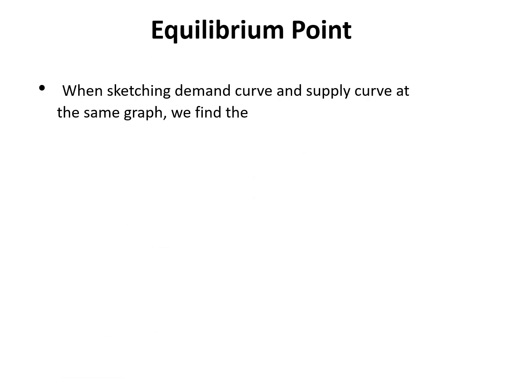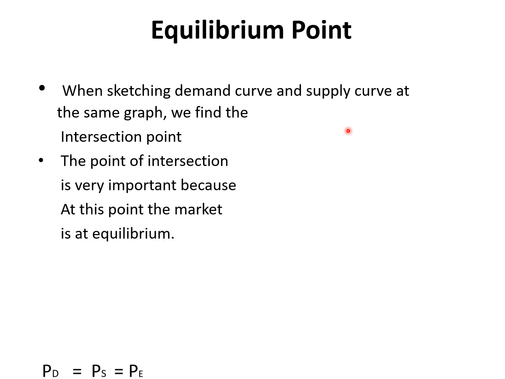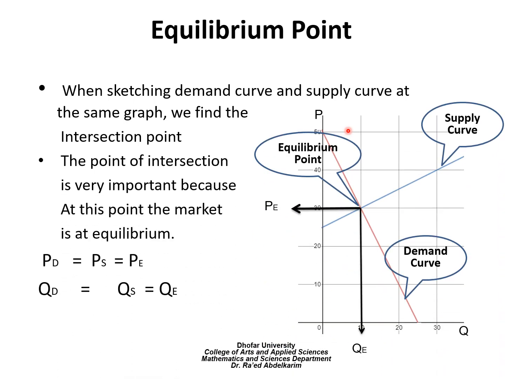So let's move to the equilibrium point. When sketching the demand curve and supply curve on the same graph paper, we will find what we call the intersection point between the two graphs. What you see here is the graph of the supply curve for the supply function, and the red colored line is the demand curve for the demand function.